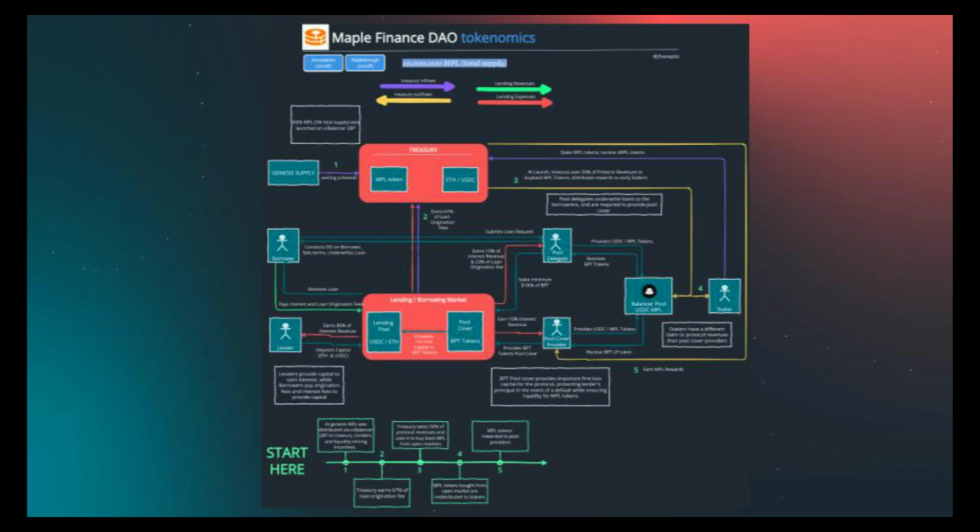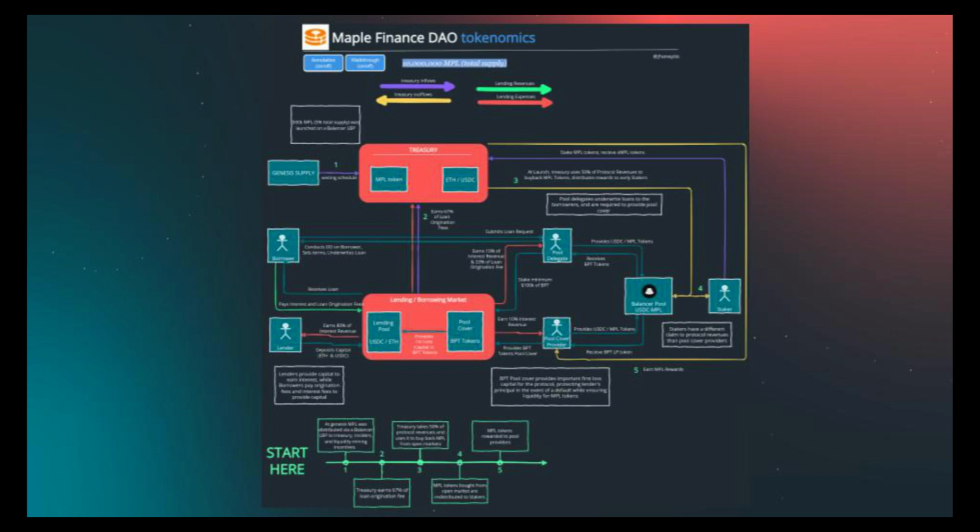The treasury takes a portion of these protocol revenues, as mentioned, like 50%. They use it to buy back Maple from the open market, and then they take those tokens that are bought back and distribute them out to stakers.